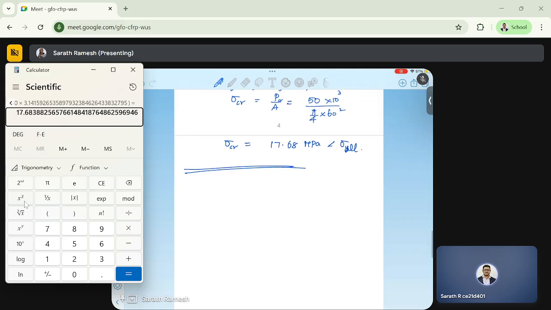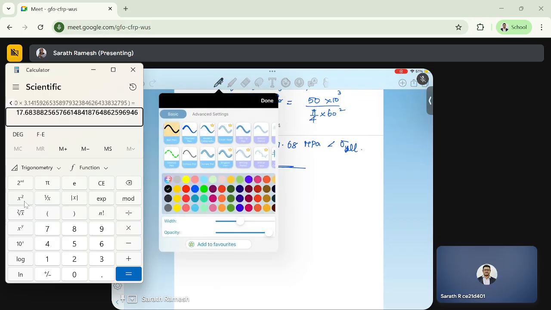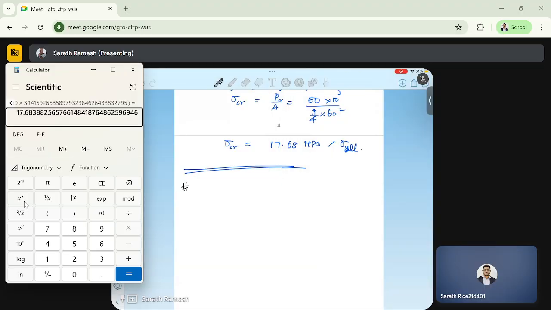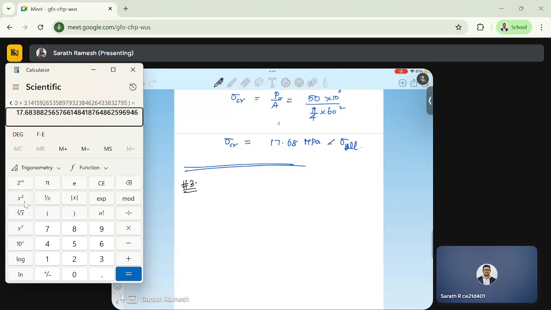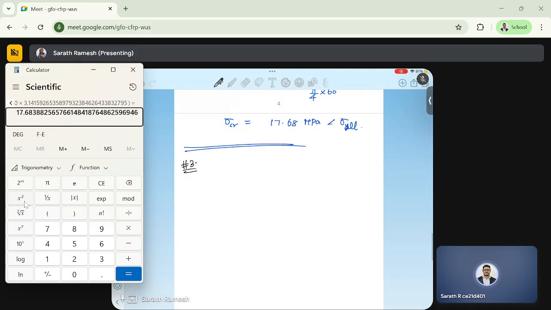The problem, problem number 3. So the problem is a 2-meter long pin-ended column of square cross section made of wood.